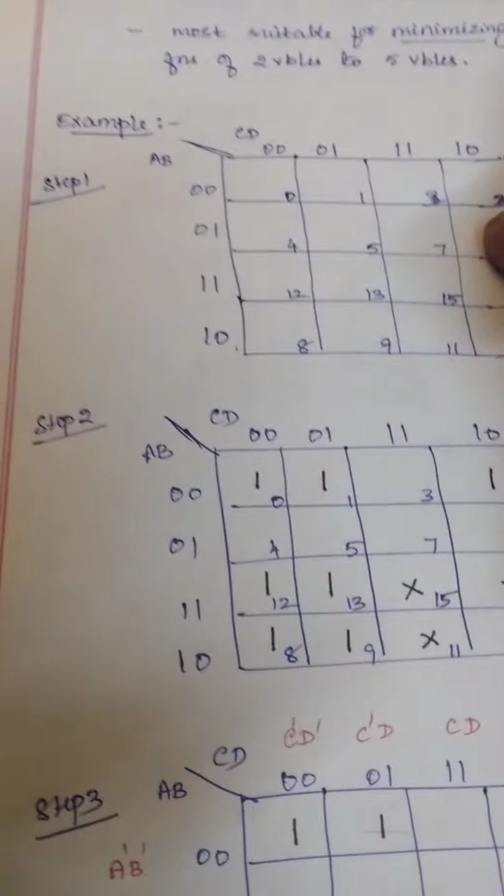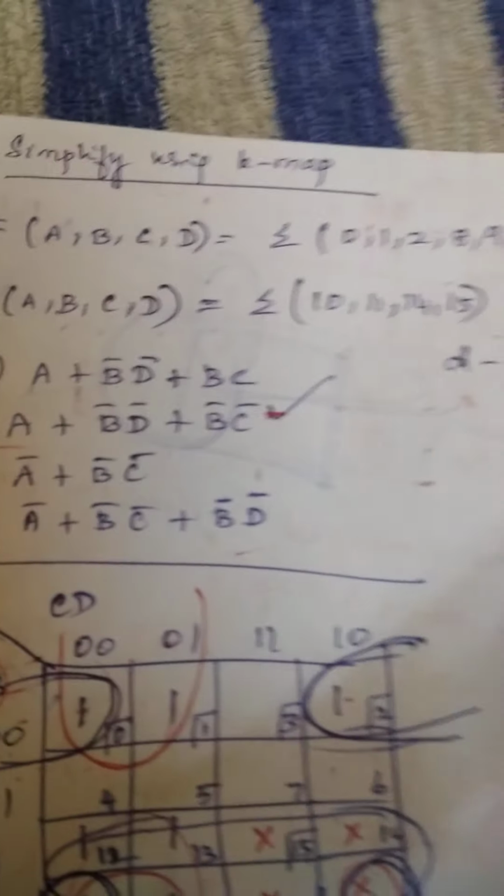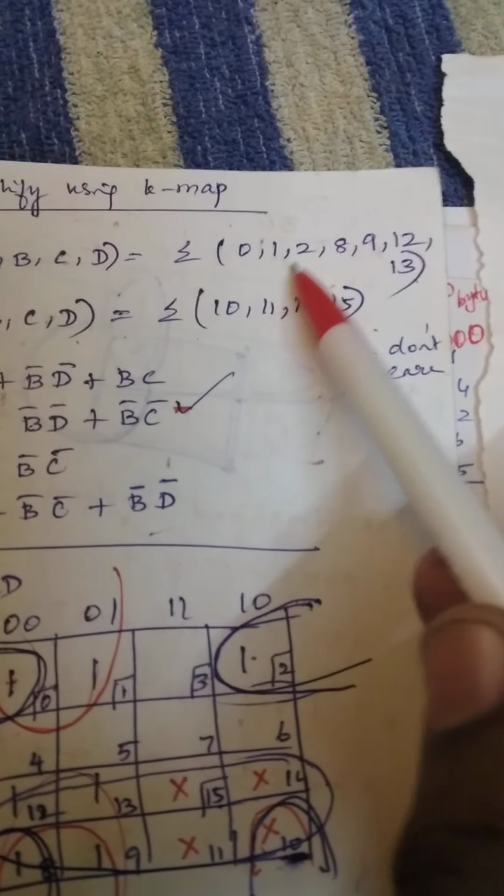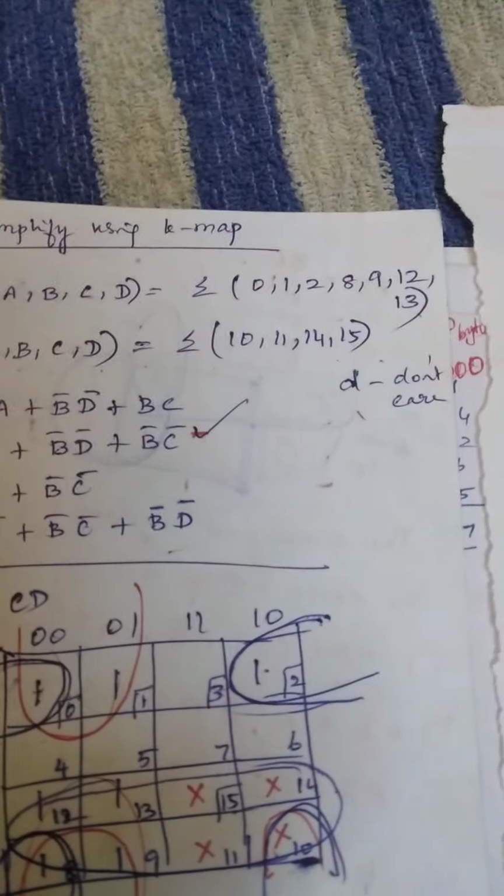Okay. So this was step 1, and step 2 is we need to fix all the terms. What are the terms given? F, this is the output. What is the output? 0, 1, 2, 8, 9, 12, 13. So we need to put 1 here.